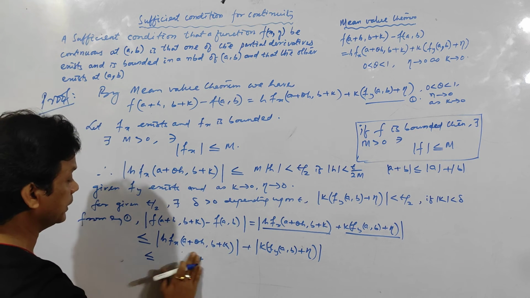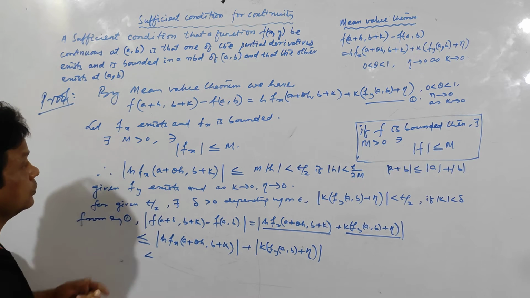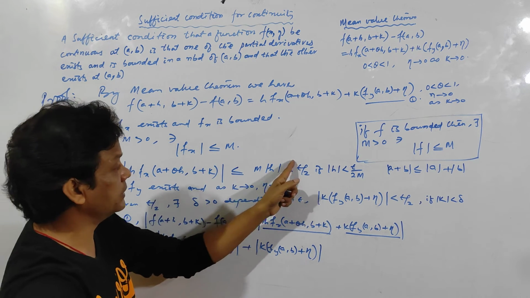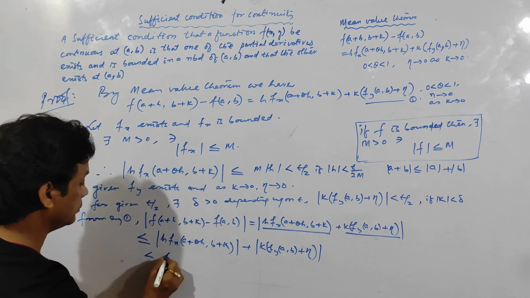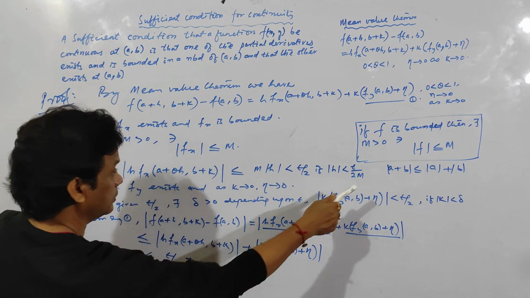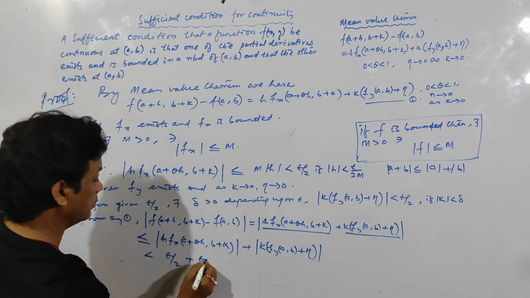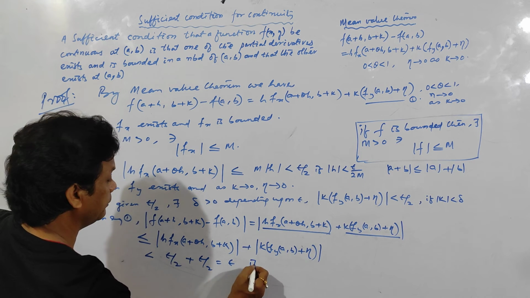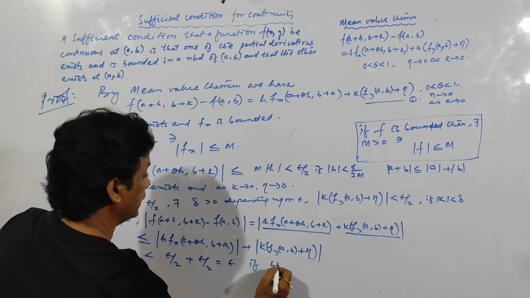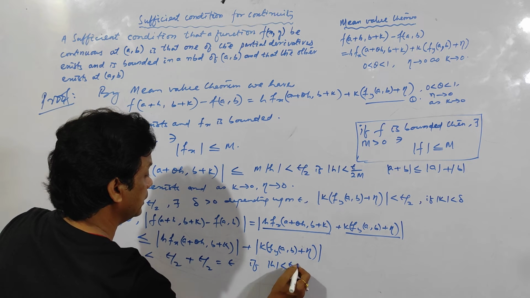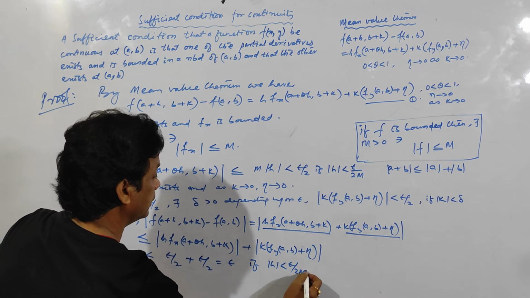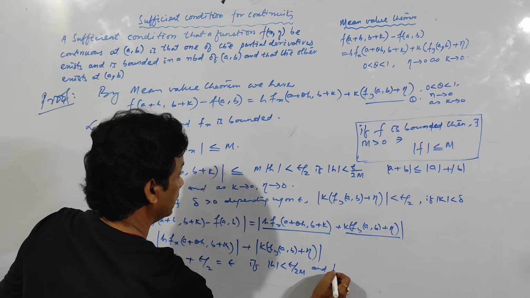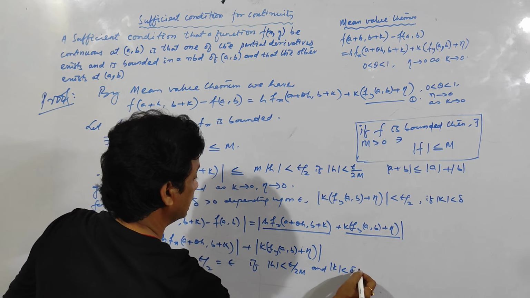So this quantity is strictly less than epsilon by 2 plus epsilon by 2, which is equal to epsilon, if the two conditions hold: mod h is less than epsilon by 2m and mod k is less than delta.